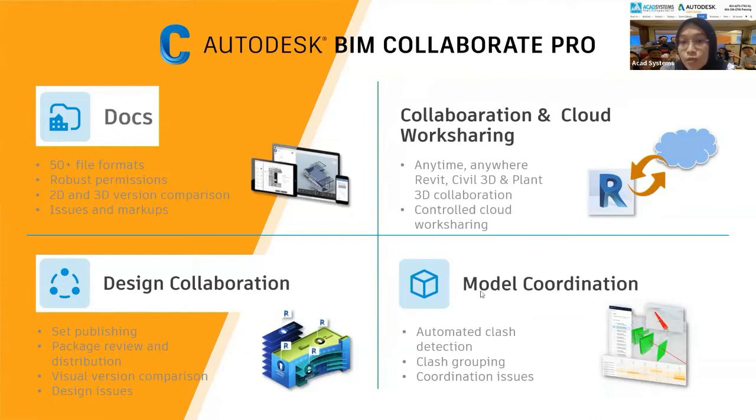All right. So this one we will cover for today, model coordination in BIM Collaborate Pro. Basically, model coordination is used to have automated clash detection. Meaning that, for instance, you have many types of models based on each discipline.